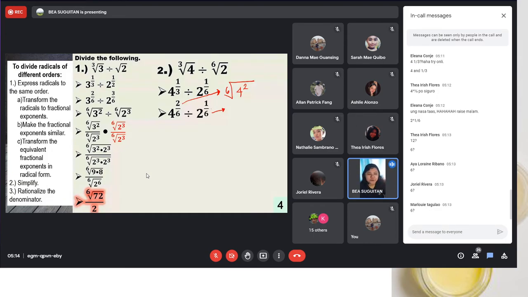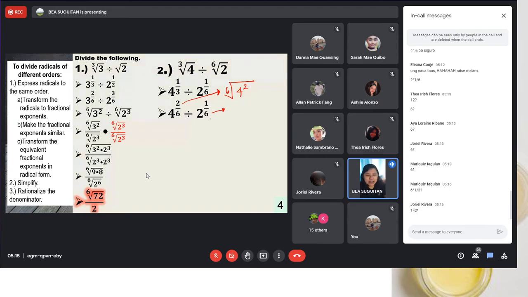What is the radical form of 2 raised to 1/6? What is the radical form? Gawin nyo, ano tawag dito? Gawin yung pattern or guide itong ginawa ni Joriel na 6 root of 4 squared. What is the radical form? Anak, radical na tayo. Okay, let us, Joriel, konting ikot mo.